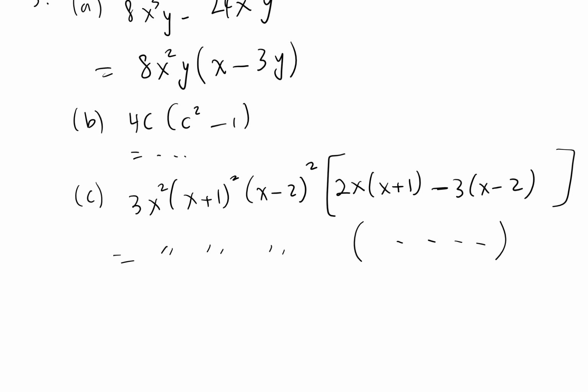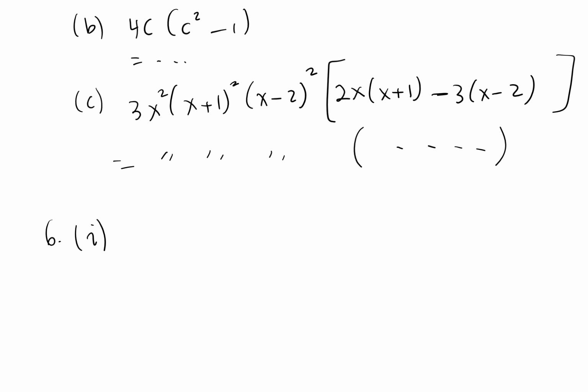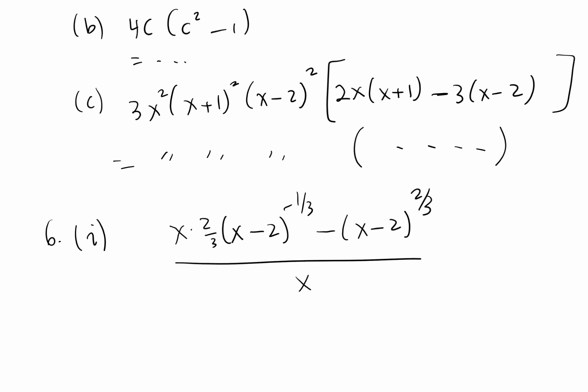Now number 6, part I. x times 2/3 x minus 2 to the negative 1/3 minus x minus 2 to the 2/3, divided by x squared.